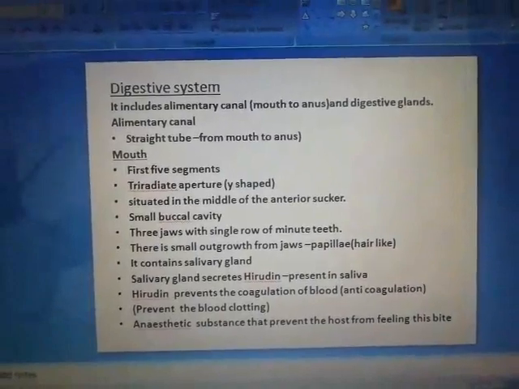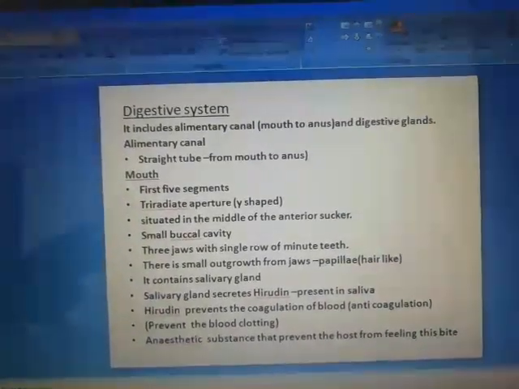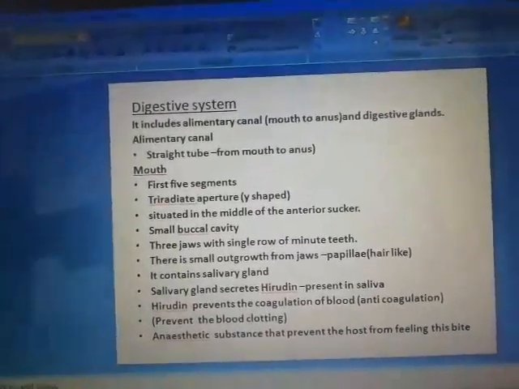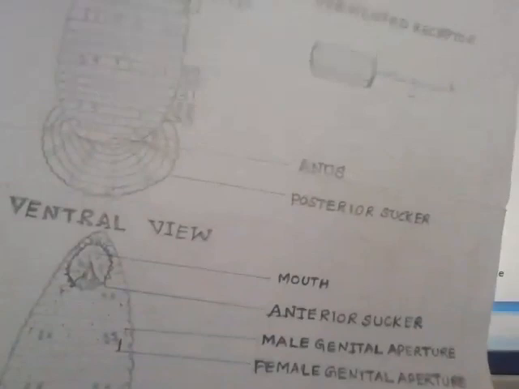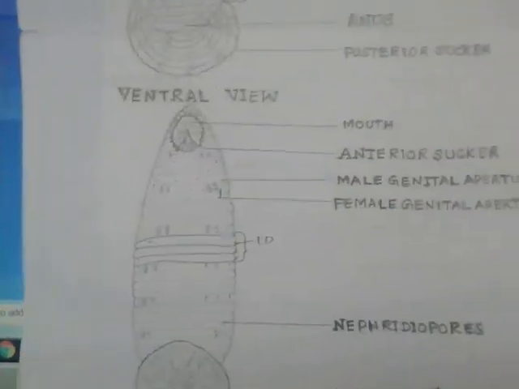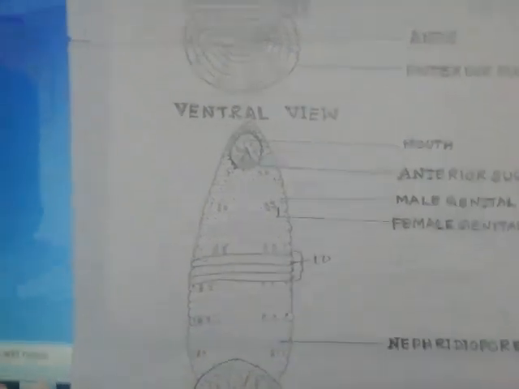Triradiate aperture means like this. You can see this triradiate aperture. It is Y-shaped.